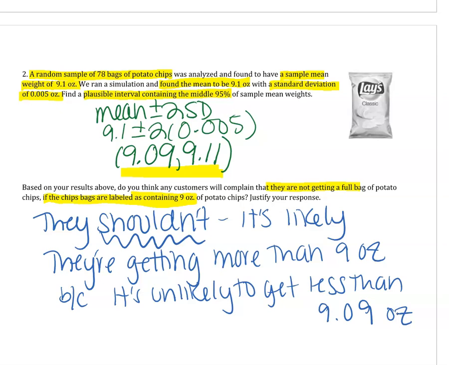And that is coming up with the middle 95 and interpreting it. And it's all based on the mean plus or minus 2 times whatever our standard deviation is, which is our margin of error.